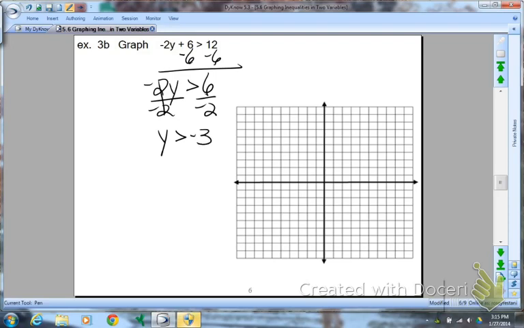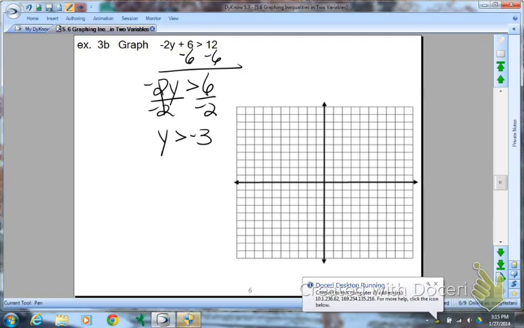Now, guys, this looks a lot like the first part of the chapter, where we would graph on a number line. But because the direction says graph on a coordinate plane, we're going to graph on a coordinate plane. And don't forget, because we divided by a negative number, we have to flip the symbol. So that's less than -3.